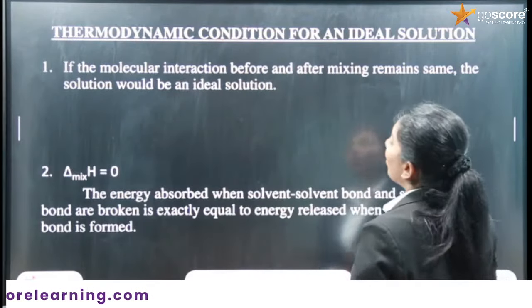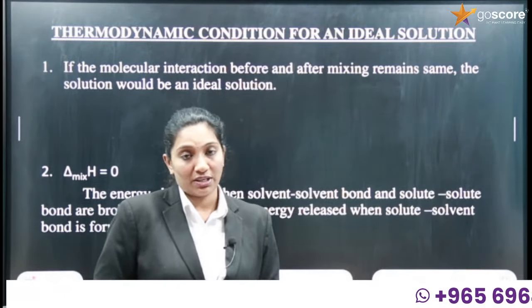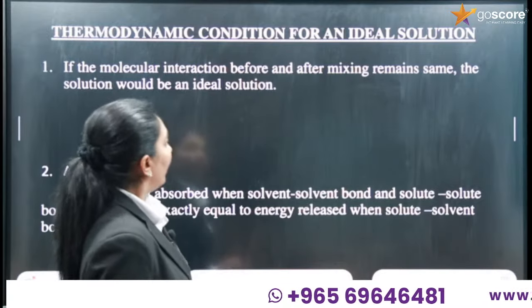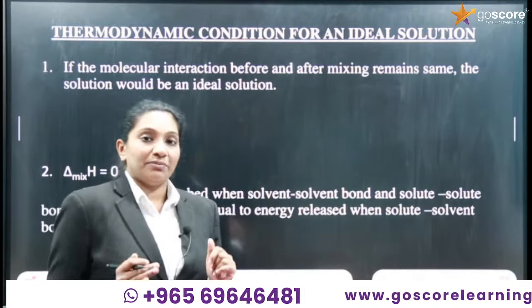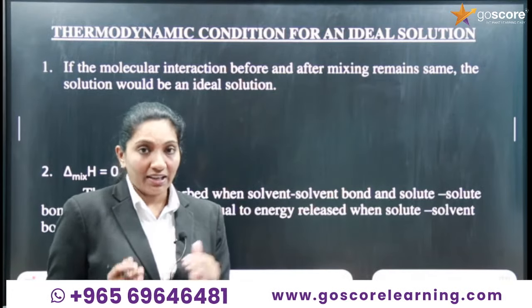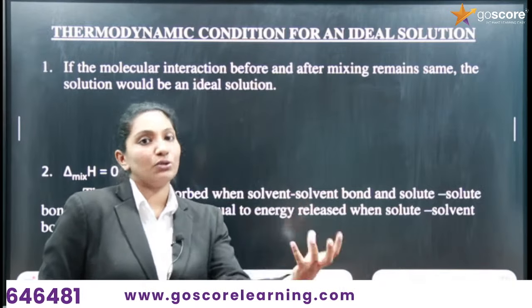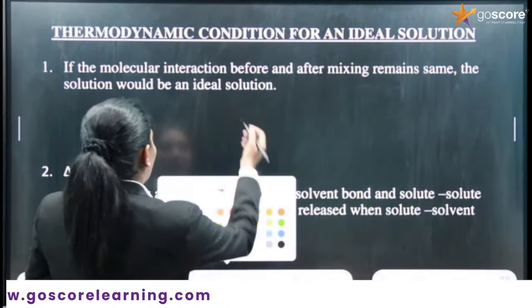Now let's see what the thermodynamic conditions for an ideal solution are, that is, when we can say a solution is ideal in terms of thermodynamic conditions. So imagine we are taking a solvent A and a solute B. When you mix these together, the solution is forming, right? I can write it like this.